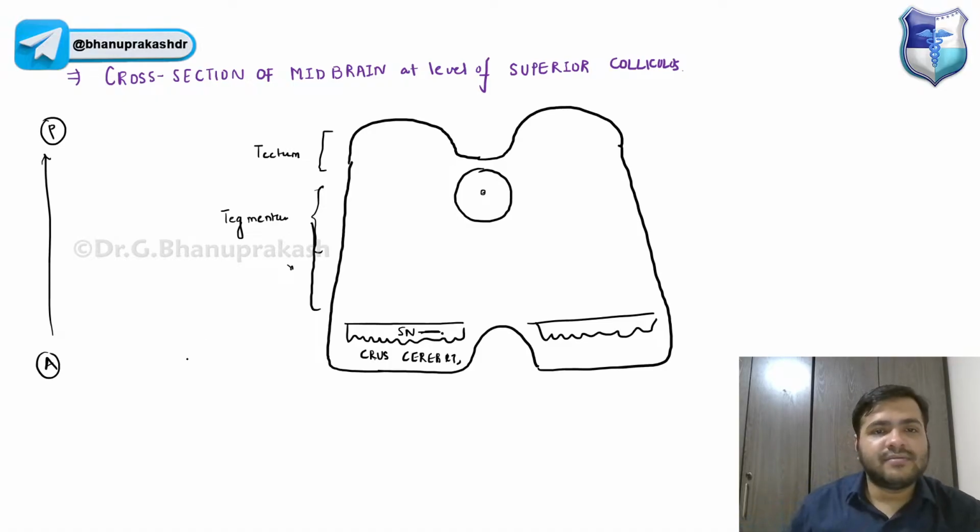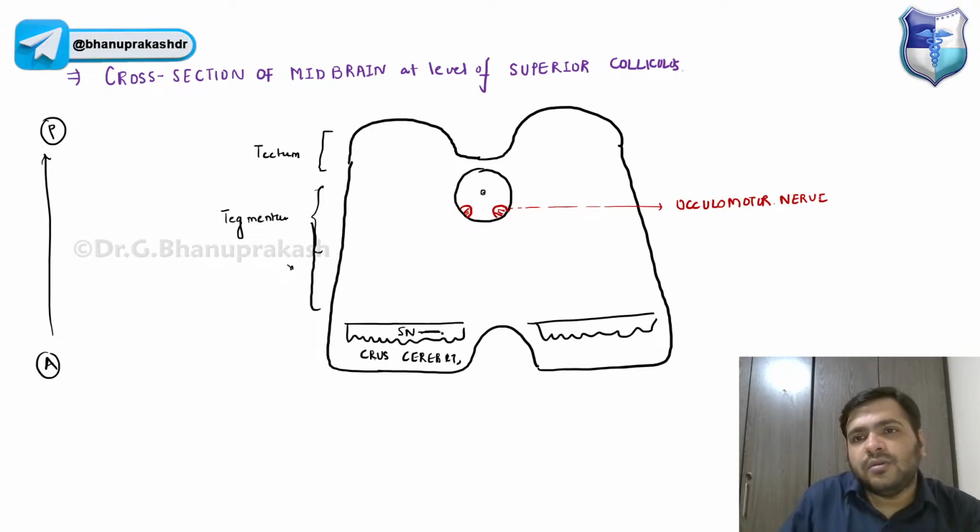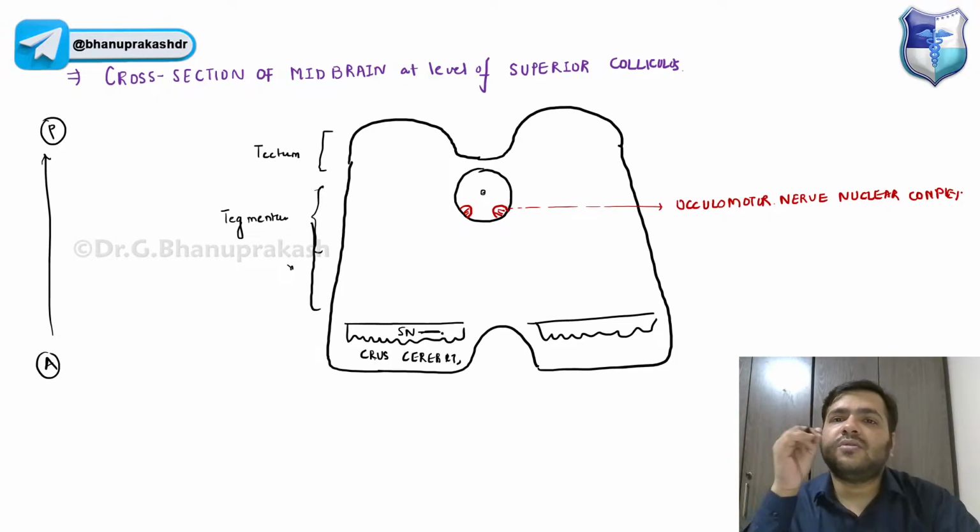Now let us try to draw it, guys, so that it becomes easy. Over here we will have the oculomotor nerve nuclear complex. What does this mean, guys? At the level of the superior colliculus, we have this oculomotor nerve nuclear complex.